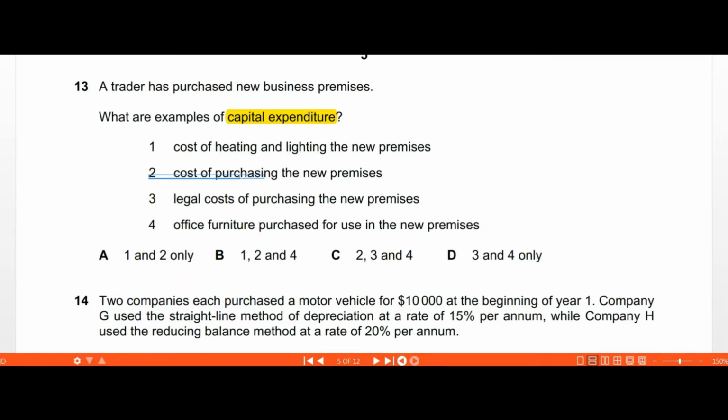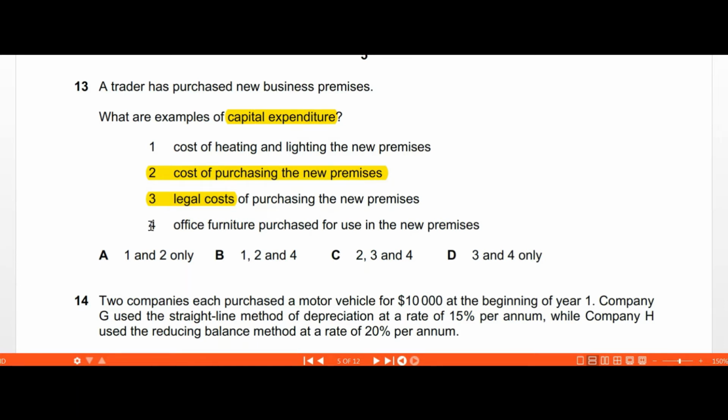Now first of all, number 2 will apply because obviously the cost of purchasing the asset is part of your capital expenditure. Then also any legal cost of purchasing that new asset are always capitalized. That means they are included in your cost. So that is also a capital expenditure. And then any expense that is being done to bring that asset into usable condition will also be capitalized.